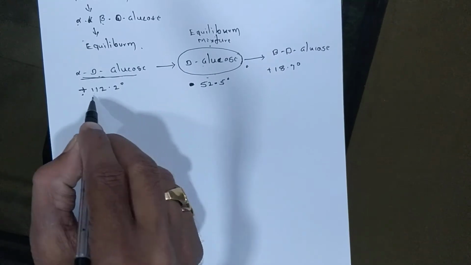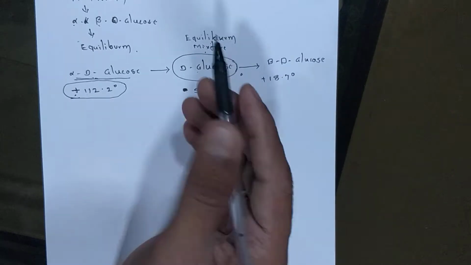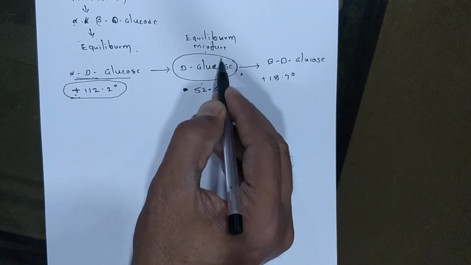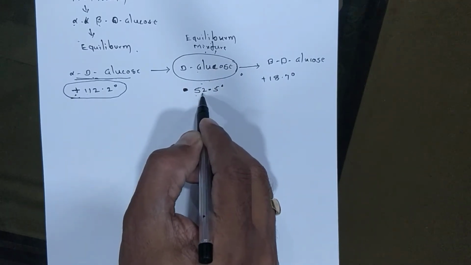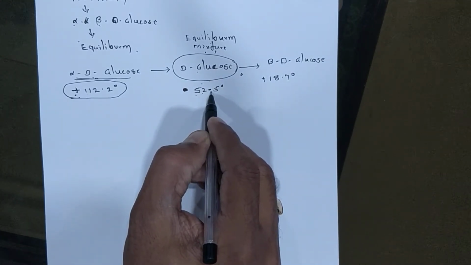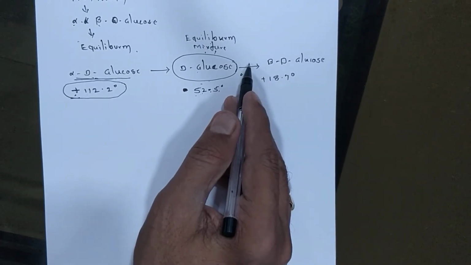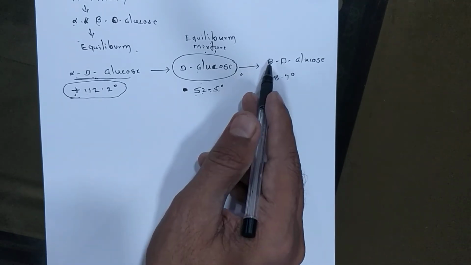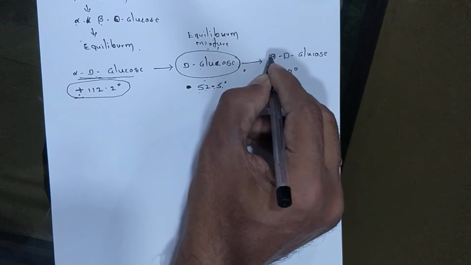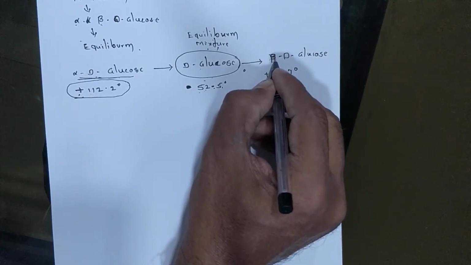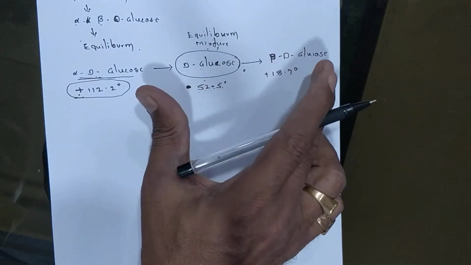This specific optical rotation changes take place in the equilibrium mixture. The specific optical rotation is a constant 52.5 degrees, and in the presence of alkali it rapidly decreases; the specific optical rotation of beta D glucose is 18.